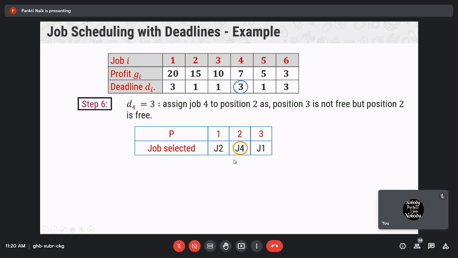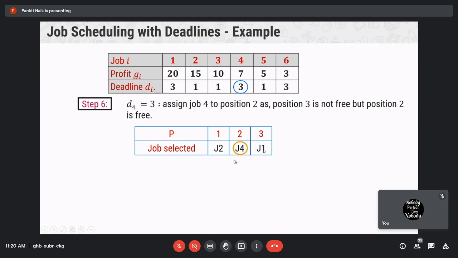Right now, next job is job number 4 with deadline 3. We cannot assign position 3 to job number 4 because position 3 is already occupied by job number 1.